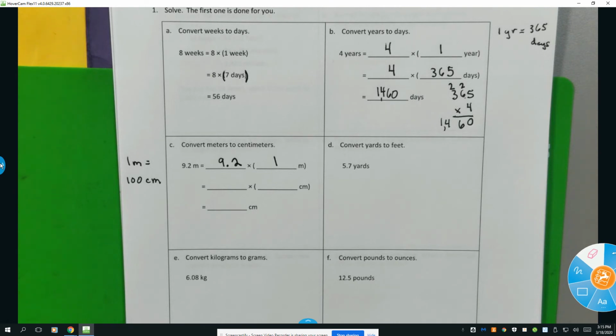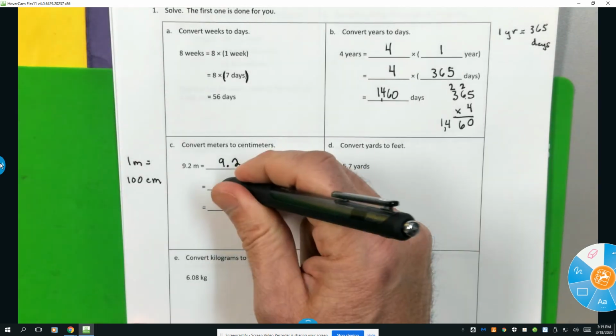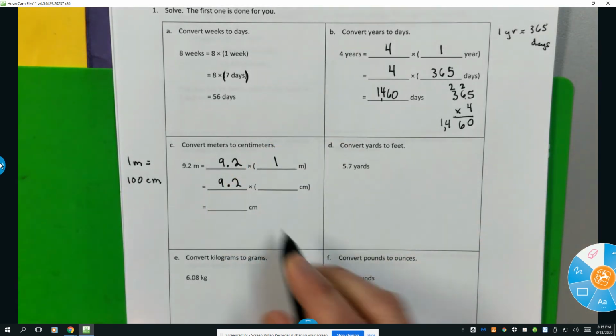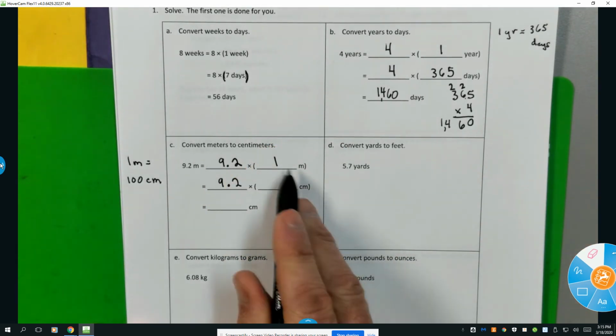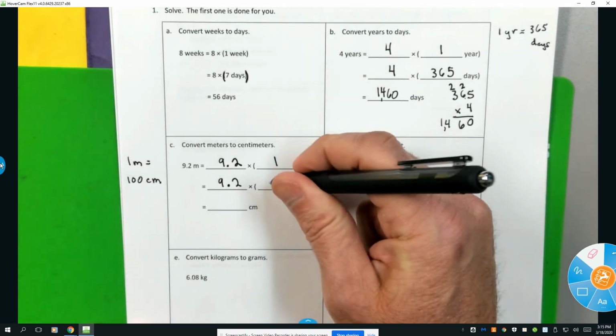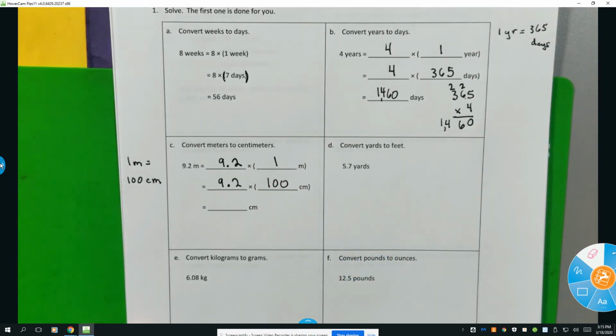Now think about what our next one is going to be. So we are going to be taking this next one and saying, okay, 9.2 times what? How many centimeters? So we're going to take 9.2, same thing. Notice that that unit doesn't change. And now how many meters change to centimeters? Or better question, how many centimeters are in a meter? Once again, it is 100.